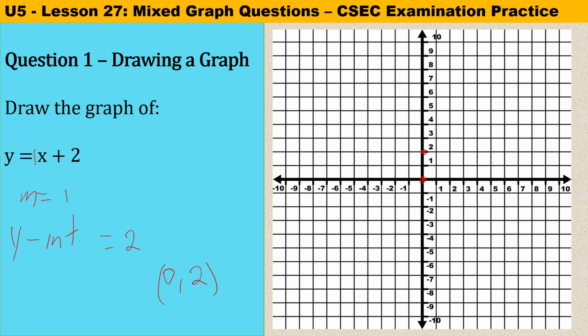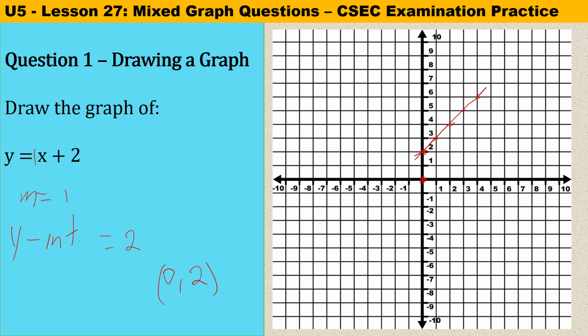You're going to go 1 up, 1 across, and keep repeating this. You can keep doing this and end up with an extremely tall line that is as tall as the graph is in that region. And you simply get your ruler and you connect those dots. I'm sorry about that.